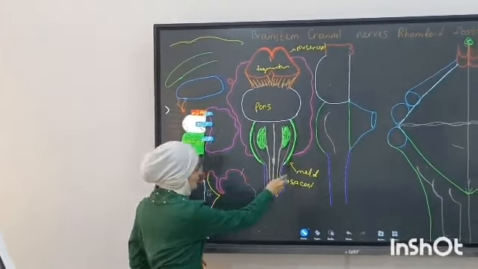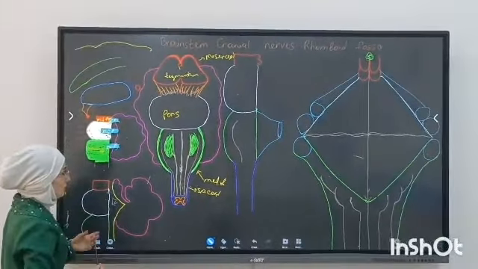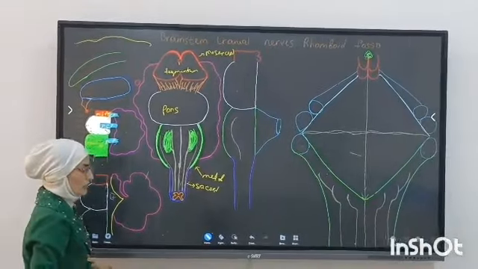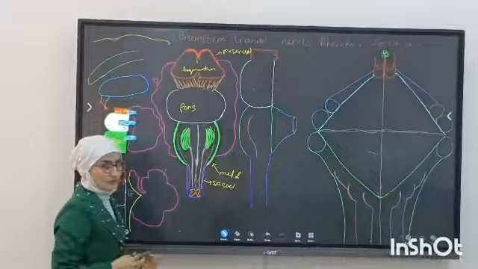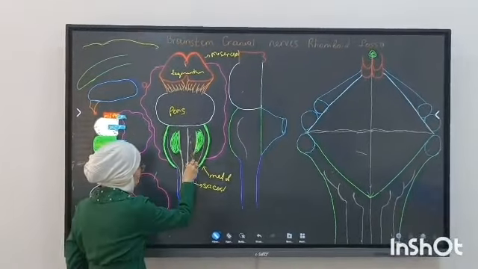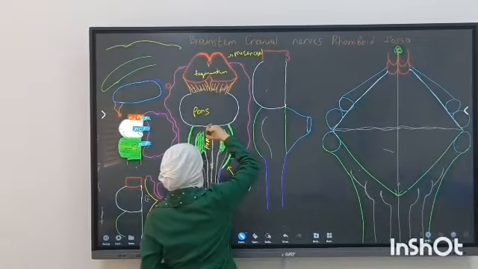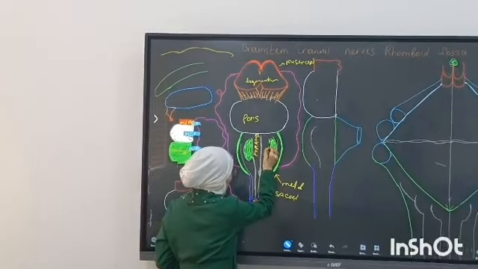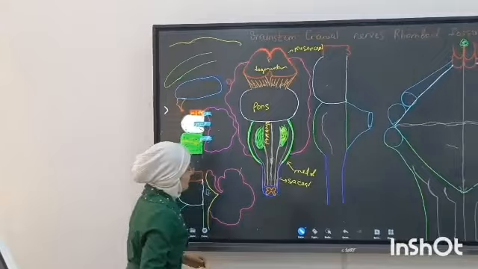The medulla oblongata is the lower part of the brainstem and is located between the pons and the spinal cord. The medulla oblongata contains the pyramids. This part is named the pyramids.